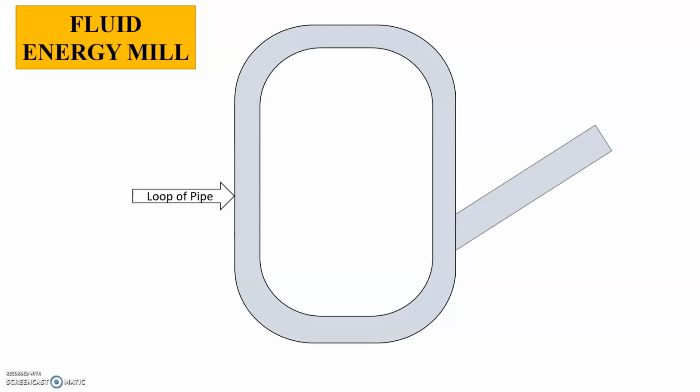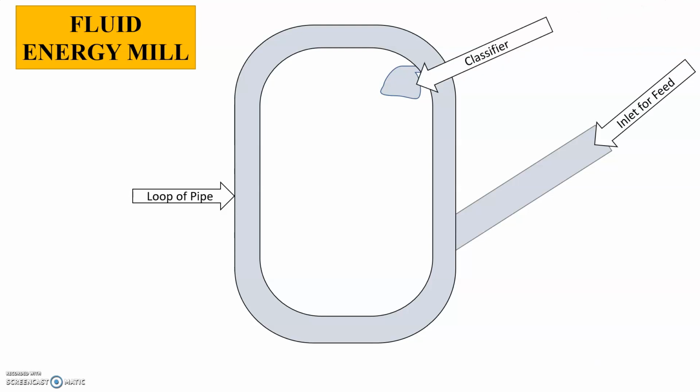There is an inlet for the feed. It also has an outlet with a classifier which allows the air to escape but prevents the particles to pass until they become sufficiently fine.